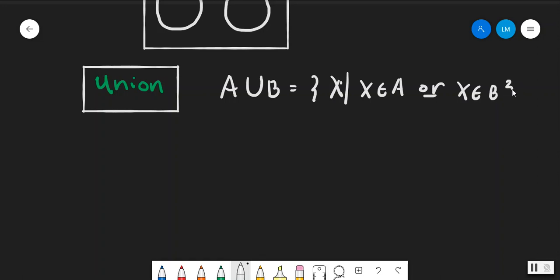Now, typically it's understood that it might be in both, which is possible, but if not, then we just leave it alone.